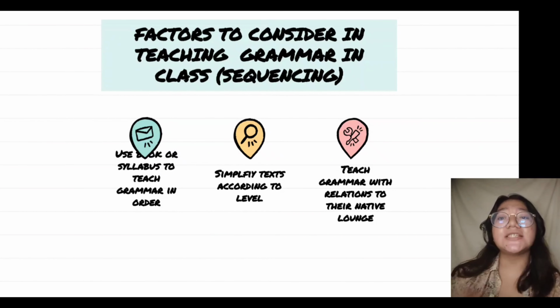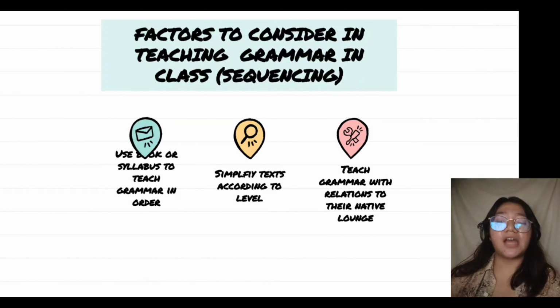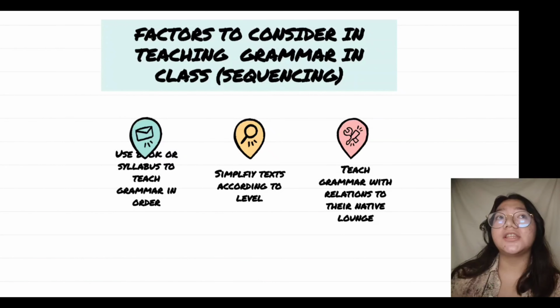So, number 3 is teach grammar in relation to their native tongue. Ito naman yung magtuturo ka ng English using their native tongue. Like, for example, my teacher in grade 9, kaya natuto ako mag-English noon kasi nagbibigay siya ng example in our native tongue, which is the Filipino language.